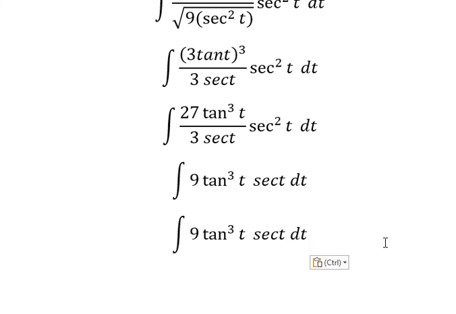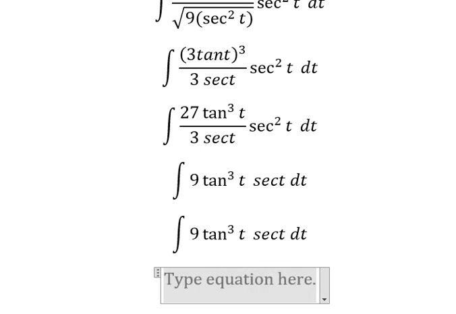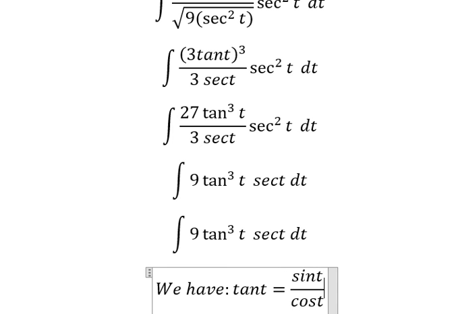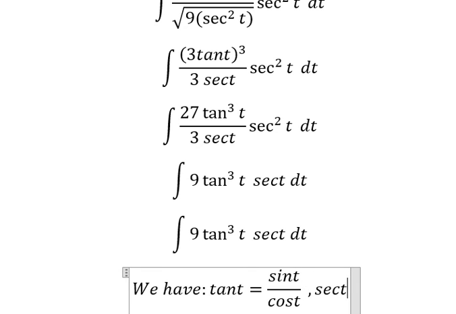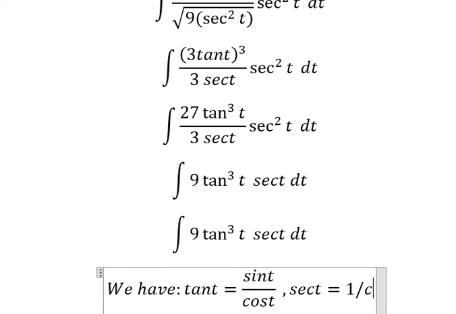So we have the formula in here. Tan t equals sin t over cosine t, and secant of t is 1 over cosine t.